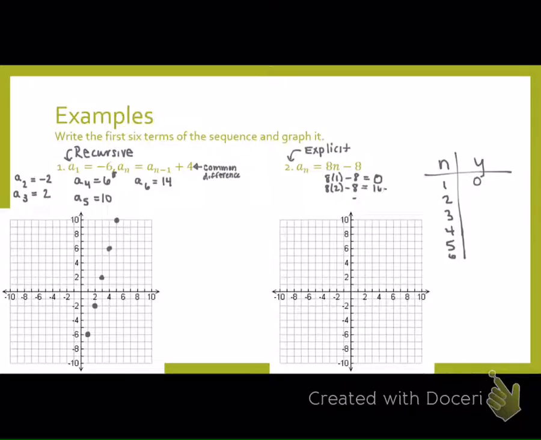So 16 minus 8 is 8. Then you would do 8 times 3, because that's the next position in line. So 24 minus 8 is 16. Could you figure out the other ones without continuing your formula? Yeah, what are we doing each time? Adding by 8. So we add 8 each time.